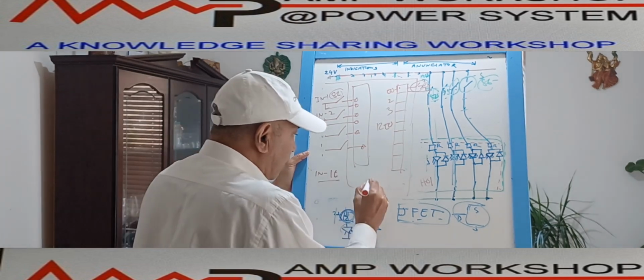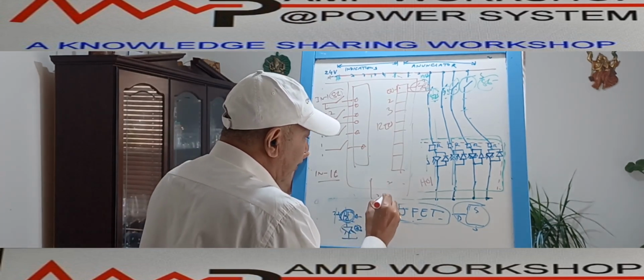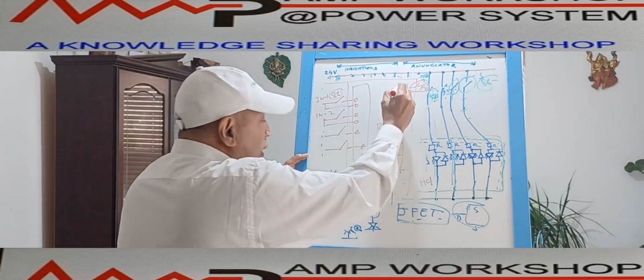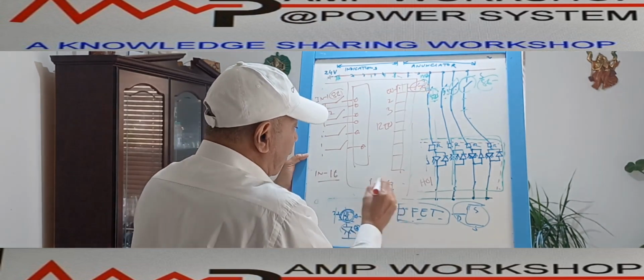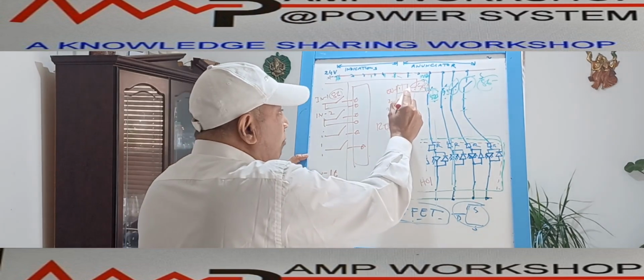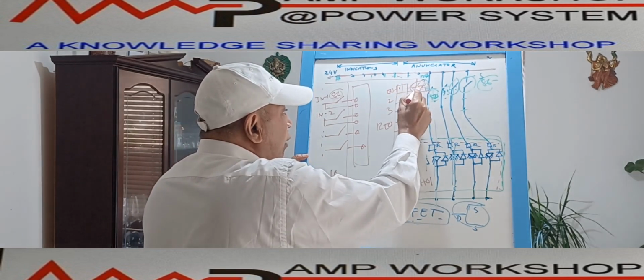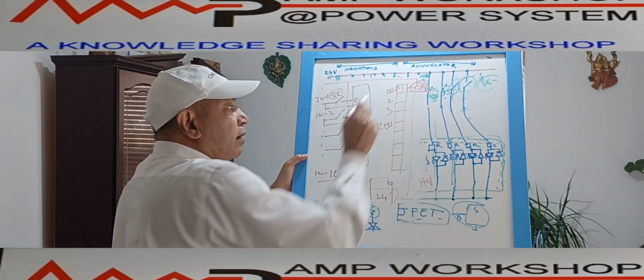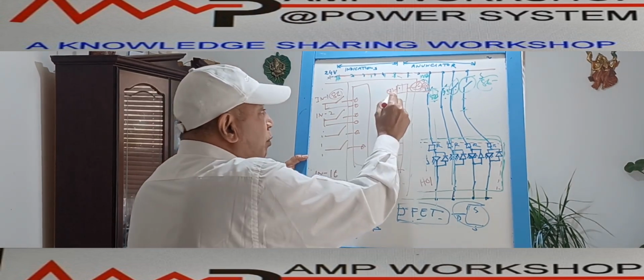This annunciator needs a separate 24 volt supply. All these output contacts will get power from the internal distribution, so this 24 volt supply will come over here. The moment this output contact is energized, the LED will immediately glow and show that output number 1 is activating.